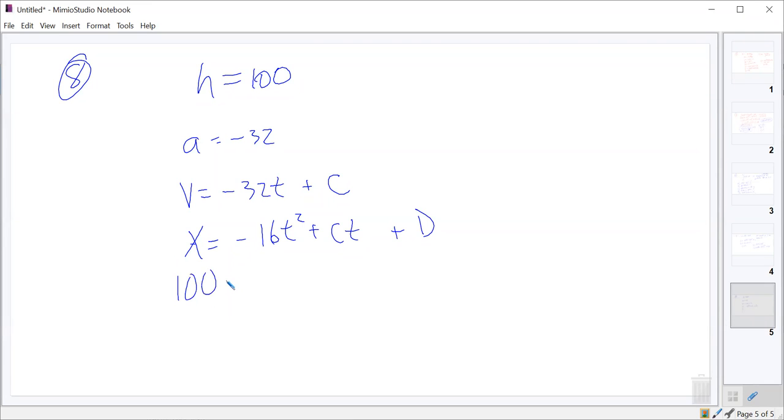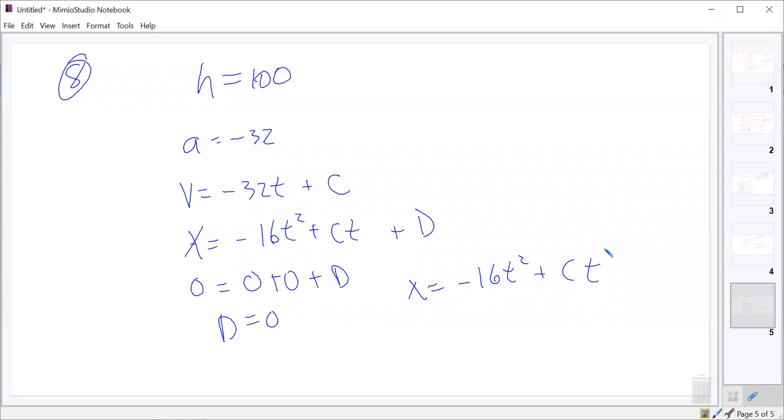We need this to be 100. Actually, let's do this again. Our position is 0 when t equals 0. So that'll be 0 plus d, which is going to give us a constant of 0 for d. So then we have the position is negative 16t squared plus t times t. And we have a position of 100.